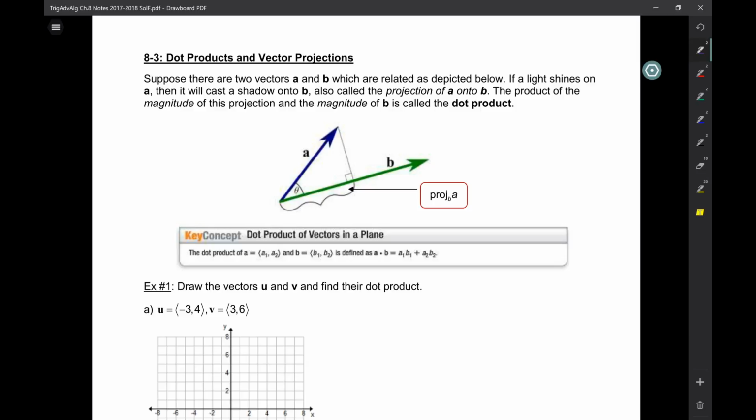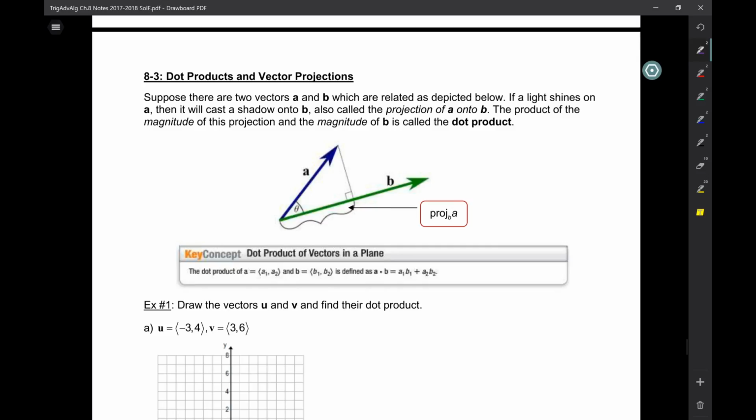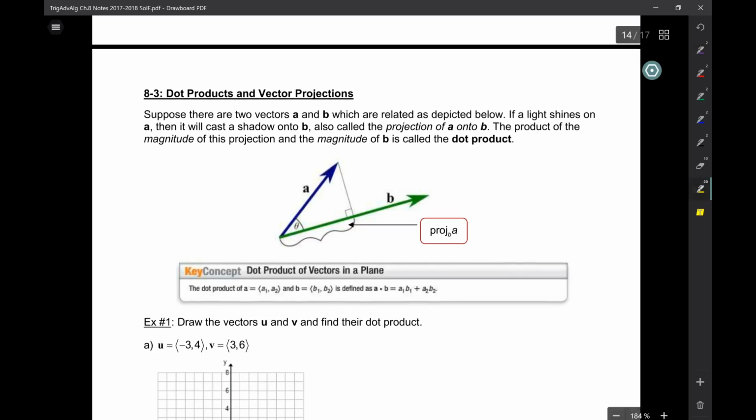Suppose you have two vectors like this, the blue and the green. Now suppose you were to shine a flashlight here, and you hold the flashlight so that it's perpendicular to the green vector. That's like 90 degrees with the green vector.